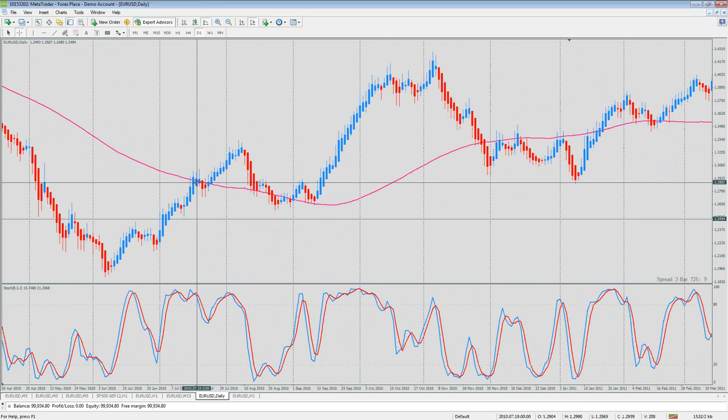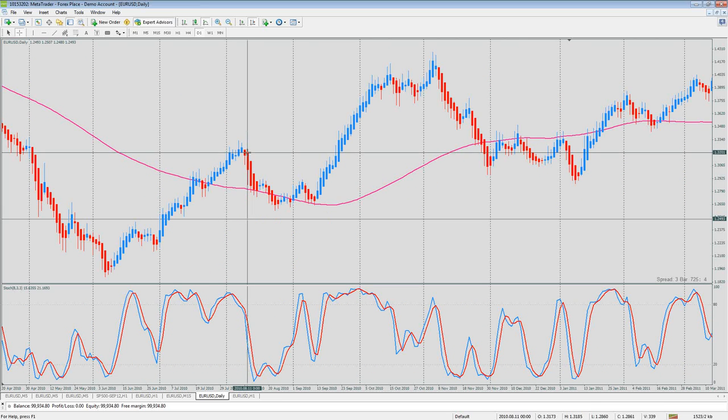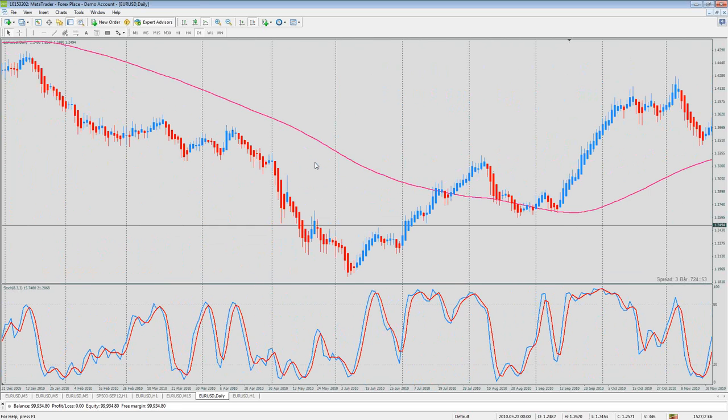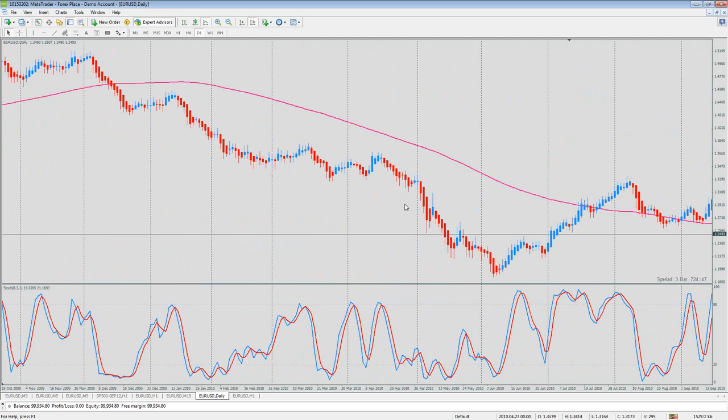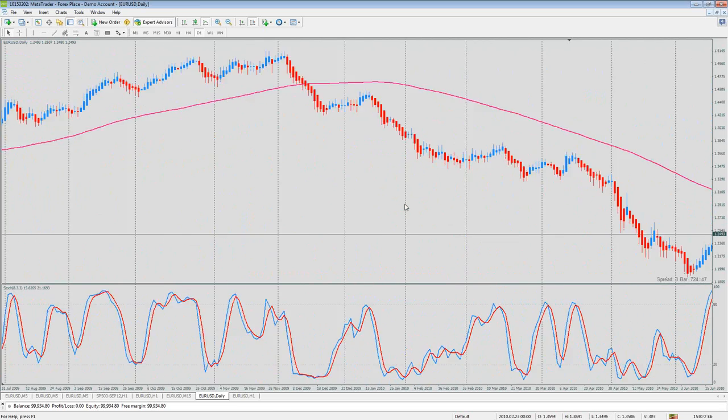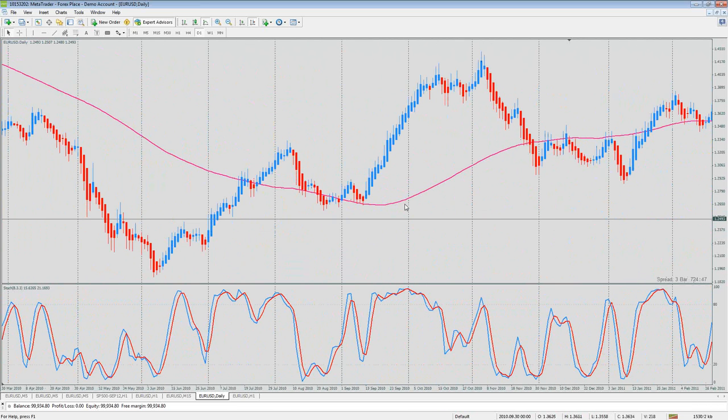I'll need to show you that there was a nice flash crash. If you remember the time when the market dropped by something like almost 10% in one evening on the S&P, and the euro dollar and other currency pairs also dropped hundreds of pips within minutes.